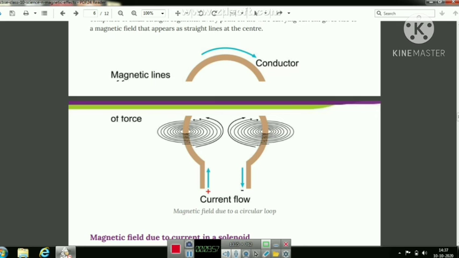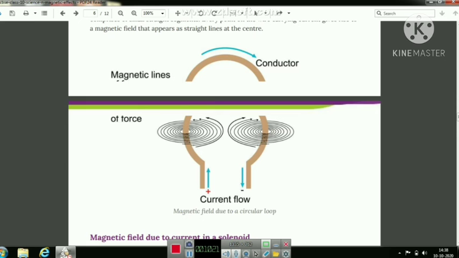Here also the same thing: this is the negative end, so here is the north pole, and opposite of this is the south pole. So always keep in mind that at the negative side there is the north pole of the magnetic field, and opposite of that is the south pole.